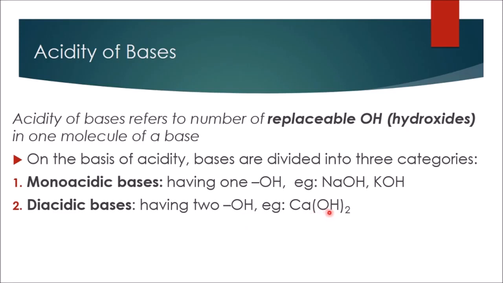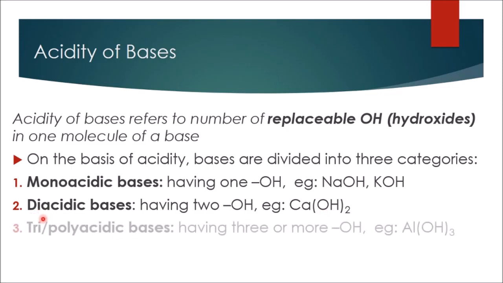You can see there are two OH ions in this, so this is diacidic. Di means two. Tri or polyacidic bases have three or more OH ions, for example Al(OH)3. This is aluminium hydroxide, and you can see there are three OH ions in this. So aluminium hydroxide is a triacidic or polyacidic base.